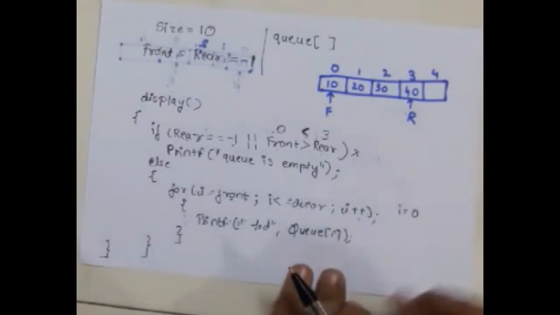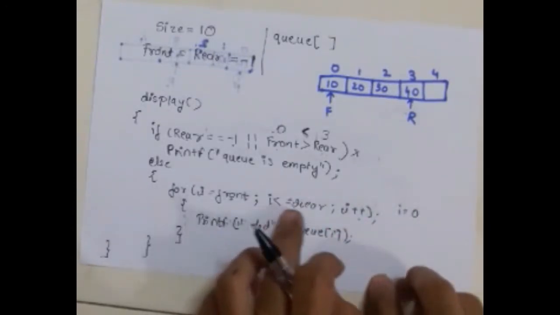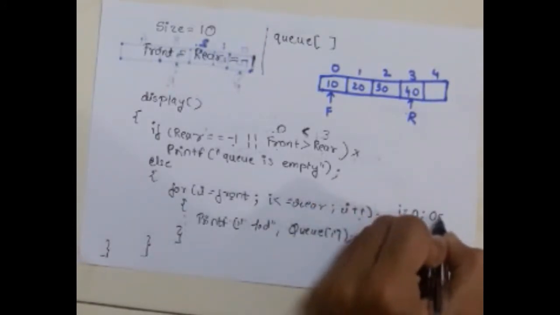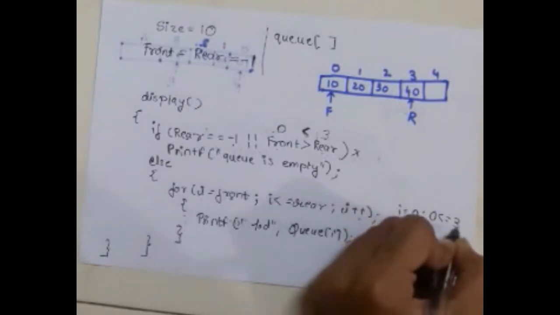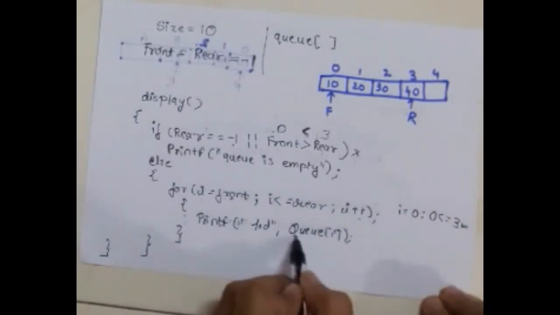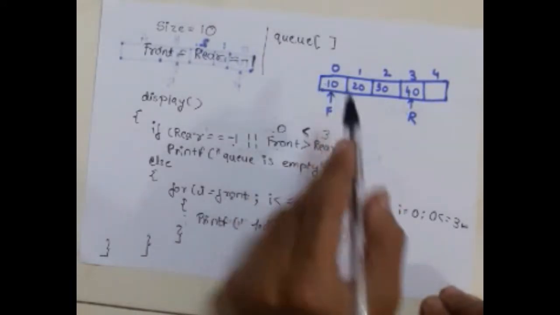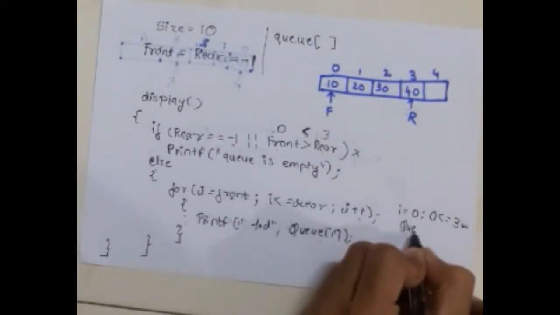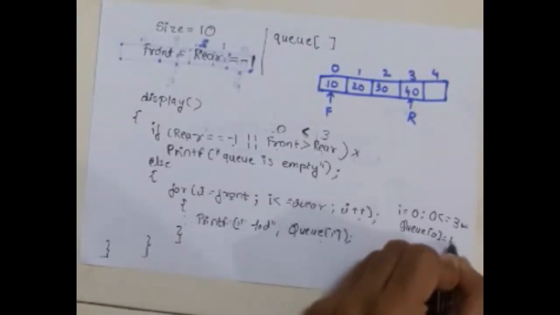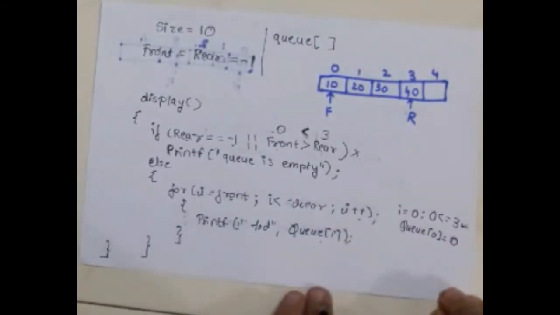So I will be equal to 0. Okay. And I is less than equals to rear. I is 0. 0 is less than equal to rear. Rear is 3. Yes. Condition satisfied. So it will print Q of I. So Q of 0 is 10. Okay.